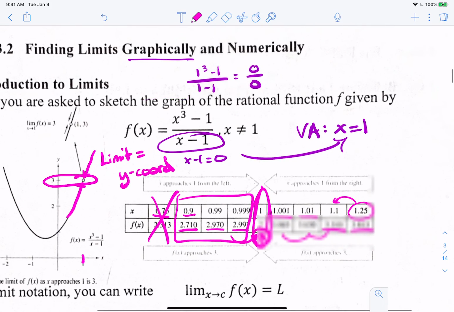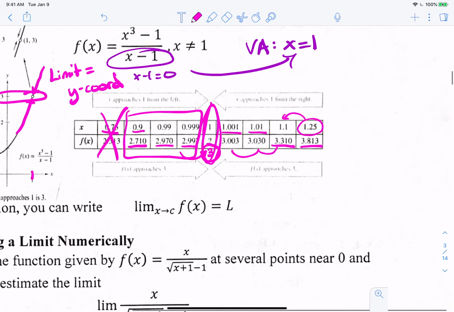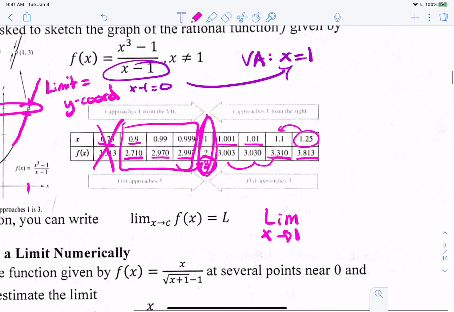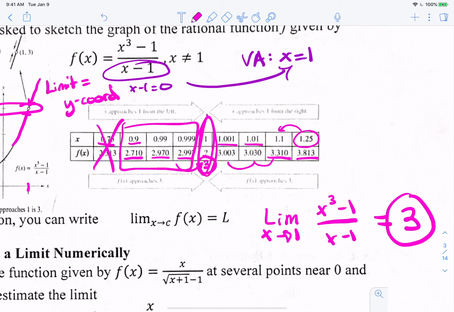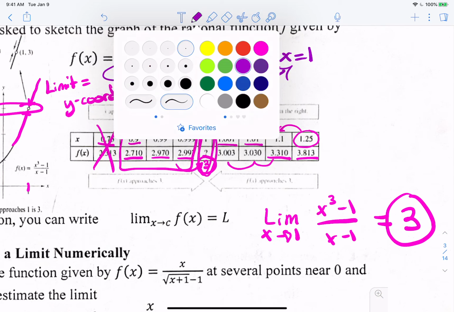So we would say that the limit, the way that this is written out, is the limit as x approaches 1, because that's the value he poops out at, of x cubed minus 1 over x minus 1. We would solve that and the answer would be 3. Okay? So this is what they will give to you as a question.